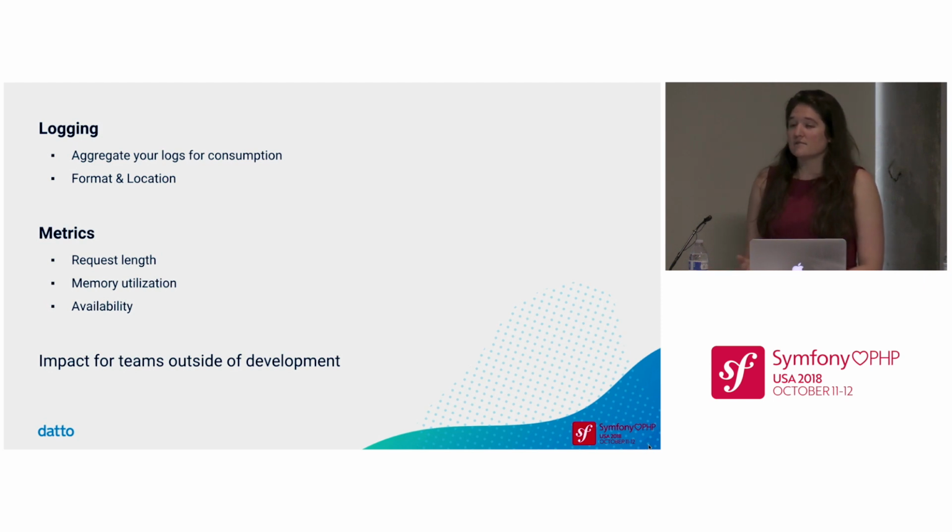So for us, aggregating all of our logs and being able to have a constant format was really important. These are things that impact teams outside of just your development team. Now, maybe some of us have AWS, we have Azure, and our teams do it all. We handle everything in the cloud, the Apache settings.